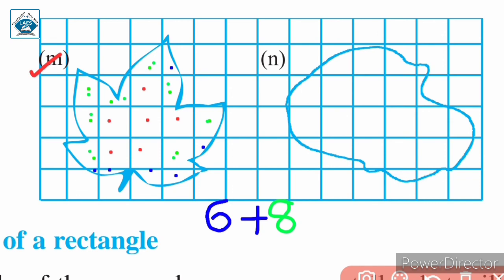So we will take them as 1. So 6 plus 8, which is equal to 14. We are not counting the squares that have blue dots because they are less than half. We will neglect them. What we are doing is taking more than half squares as complete squares and neglecting squares which are less than half. Therefore, the area of the figure will be equal to 14 square units.